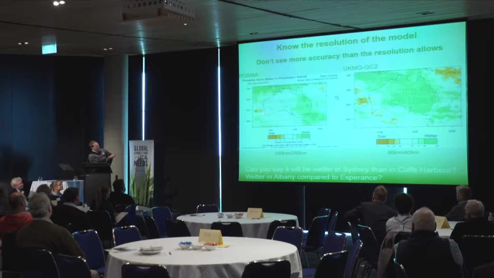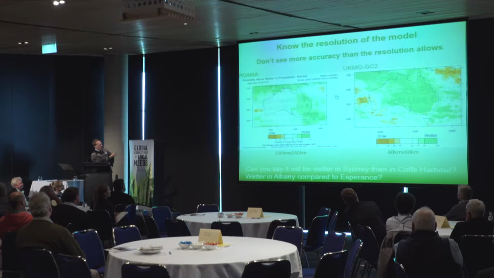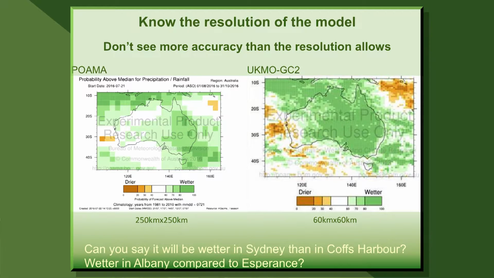But could you actually say that it's going to be wetter than Esperance out here? So the question is, take a step back from the model, cross your eyes, wait for the 3D puzzle to happen, and go with the vibe of what it's saying, because the resolution is so coarse that you can't make really close distinctions between properties.